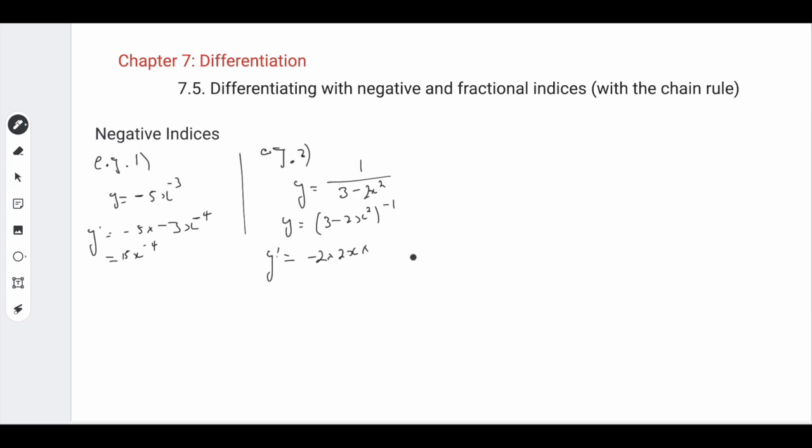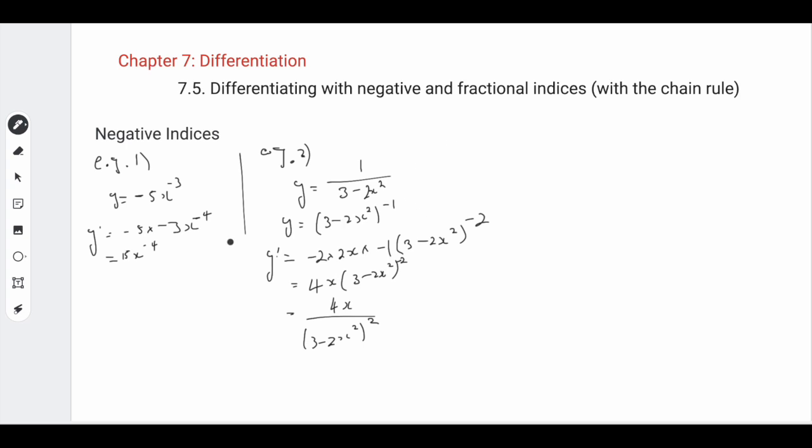So I'm going to bring that minus 1 to the front, so times minus 1, and then we leave the bracket as it is, and then this entire power decreases by 1, so to the power of minus 2, right? And so if we simplify this, it becomes minus 4x. Well, actually there's two minuses, so positive 4x, and then 3 minus 2x squared to the power of minus 2, or 4x over (3 minus 2x squared) all squared, right?